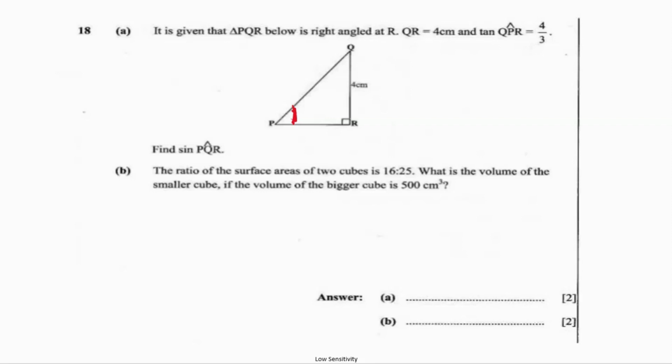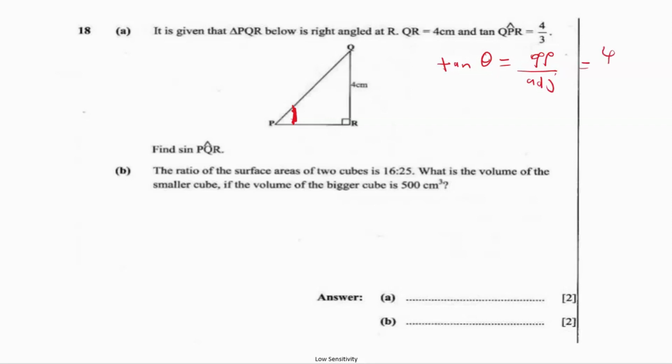So we can apply the Pythagoras theorem, and we know that tan theta, where theta is the angle, is going to be the opposite over adjacent.